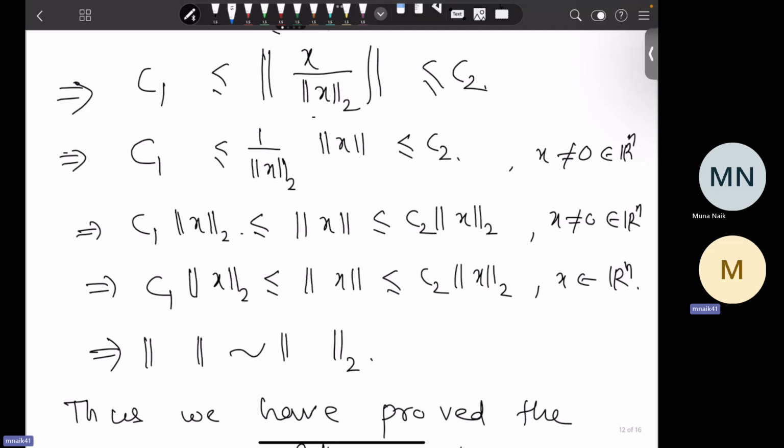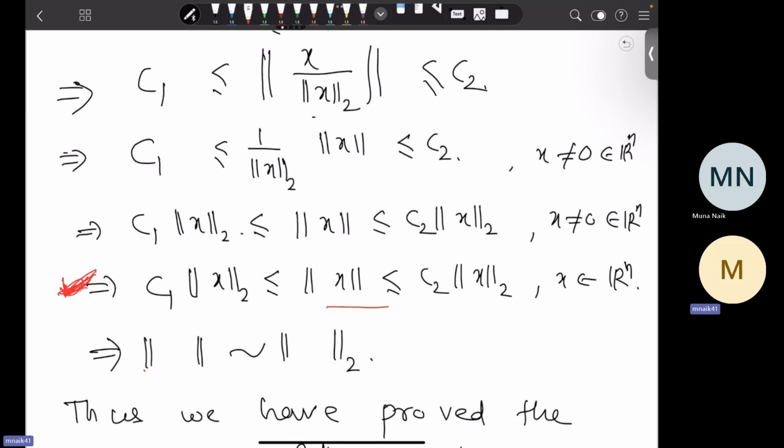So while proving that any norm on Rn is equivalent to the L2 norm, one needs a relation like this: C1 norm x2 ≤ norm x ≤ C2 norm x2. Showing that a norm is equivalent to the L2 norm amounts to proving this line.